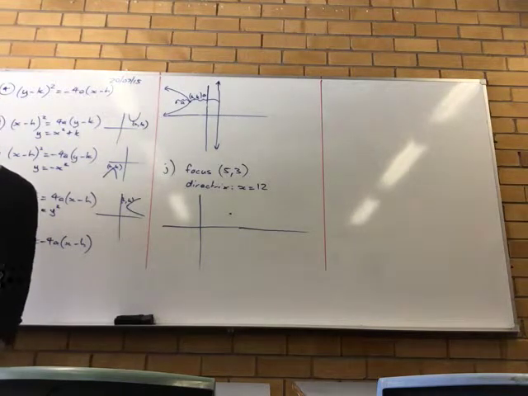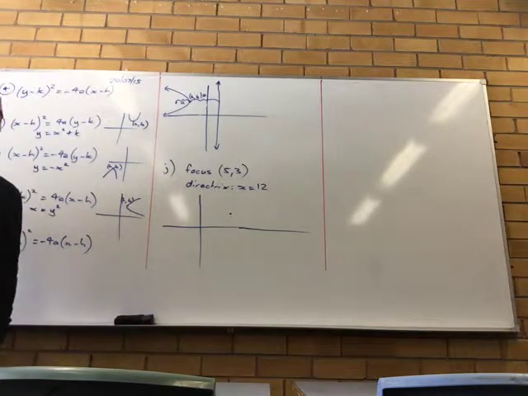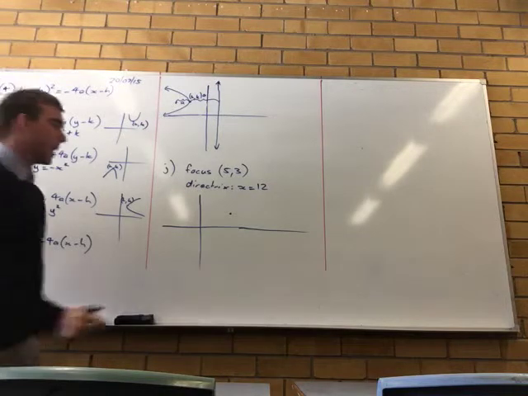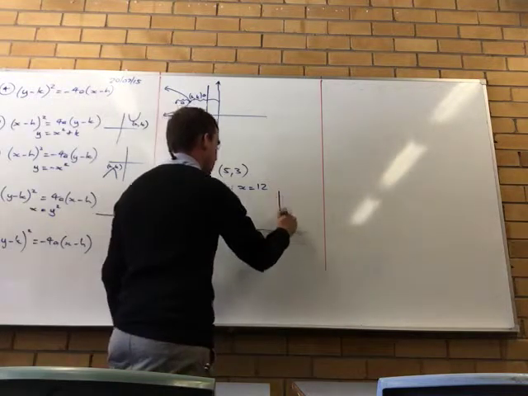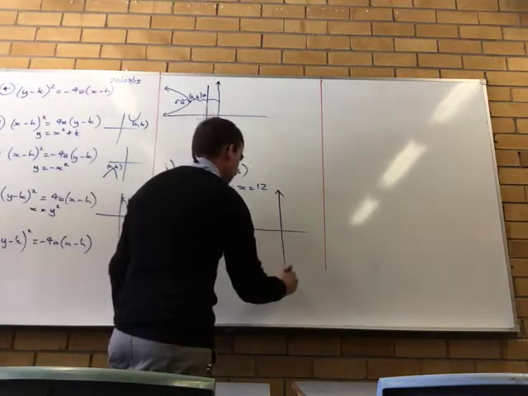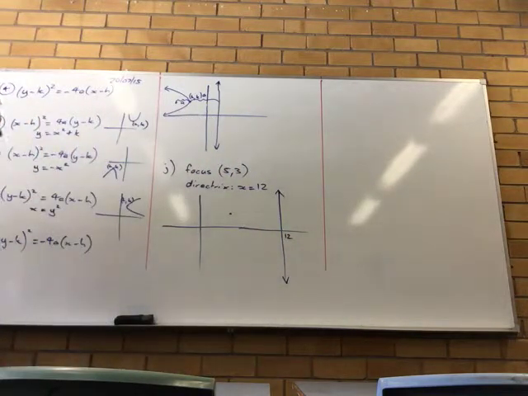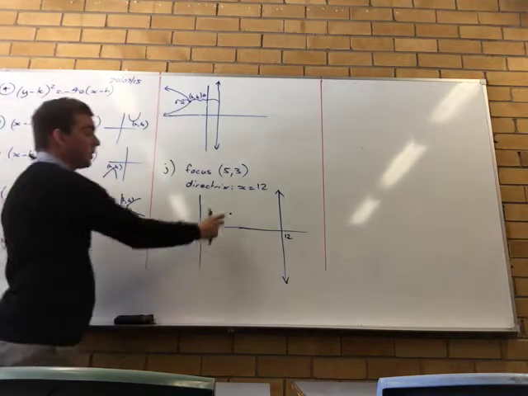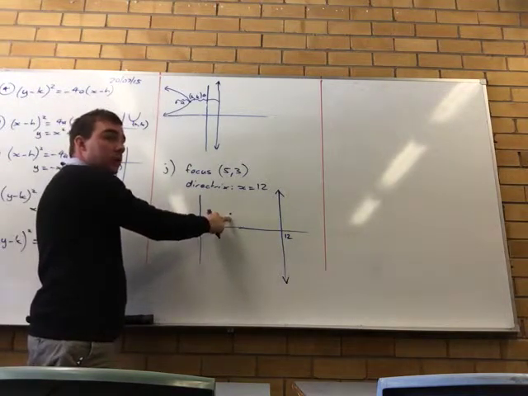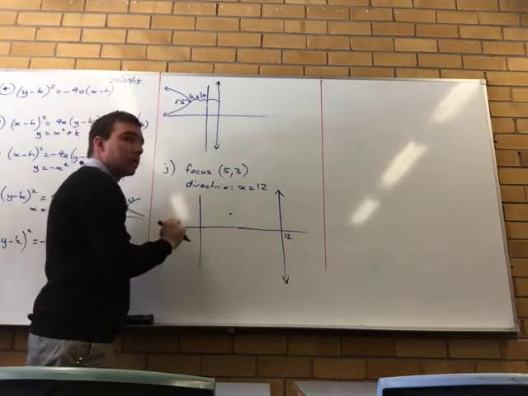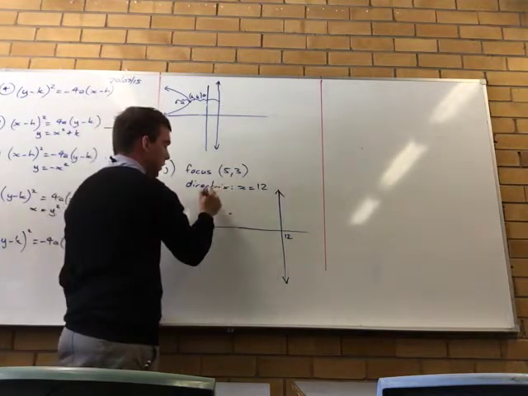So when you have x equals or y equals, that tells you which axis it cuts and what point on that axis it will cut. So it cuts the x-axis at 12. That's your directrix. That is the focus. So the focus lies inside the parabola, and the parabola itself never crosses the directrix.